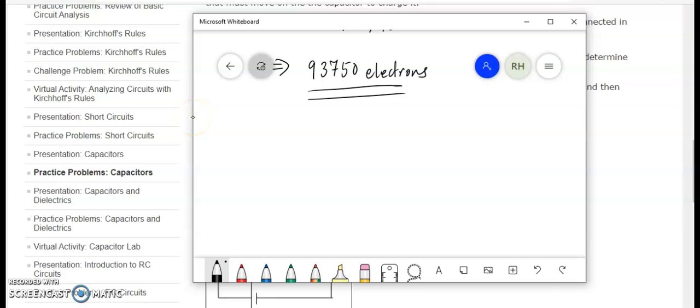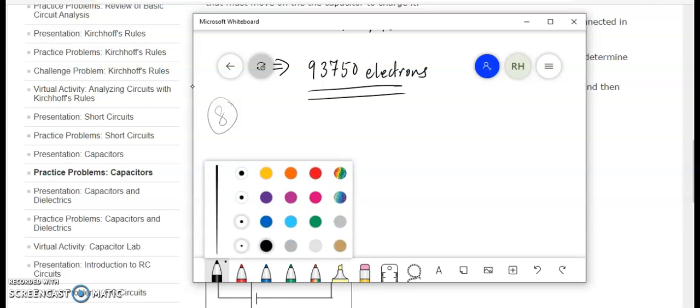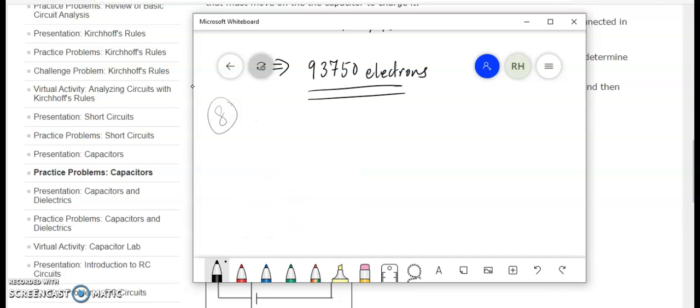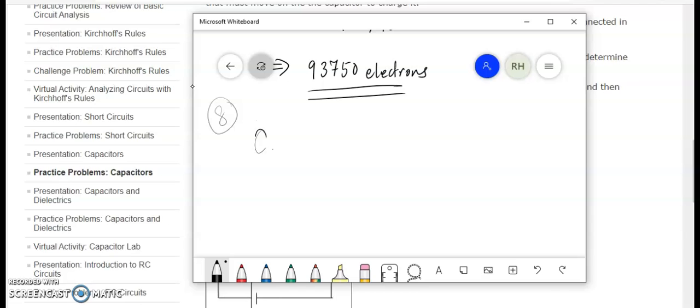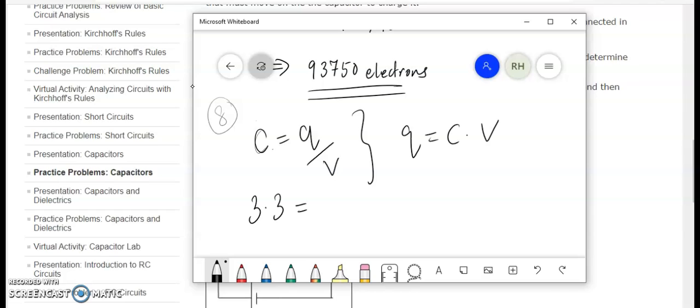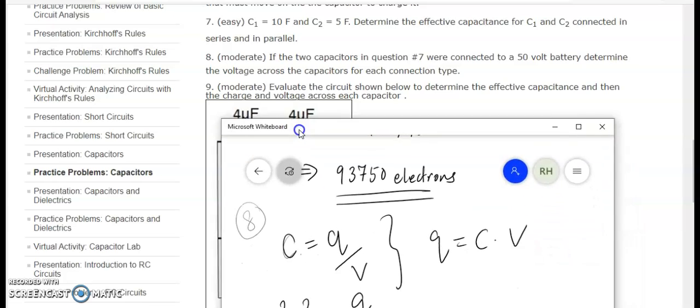This is the same as just Q is equal to C times V. Okay, so you know your total capacitance is 3.3 and then your charge is something that you need to find, and then your voltage is 50 volt battery.